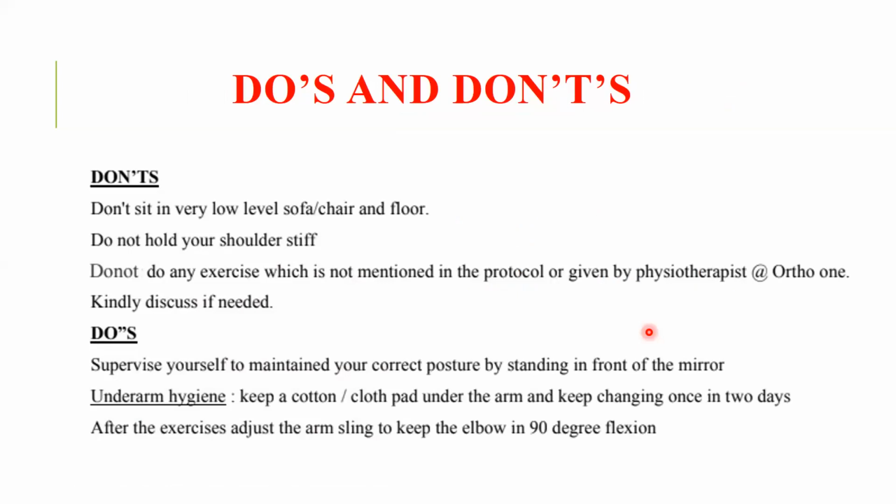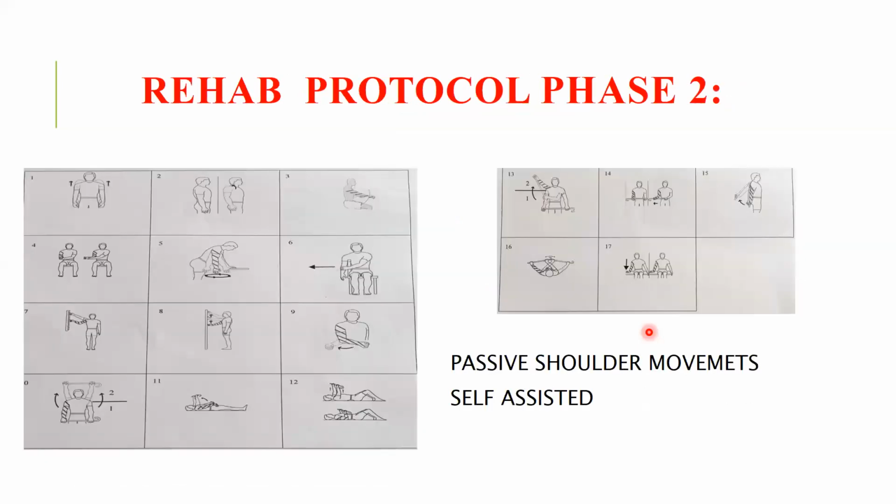And then sometimes, because of fear of pain, they tend to hold their shoulders very stiff and try not to do any other exercises on their own, and the hygiene, how they have to maintain.